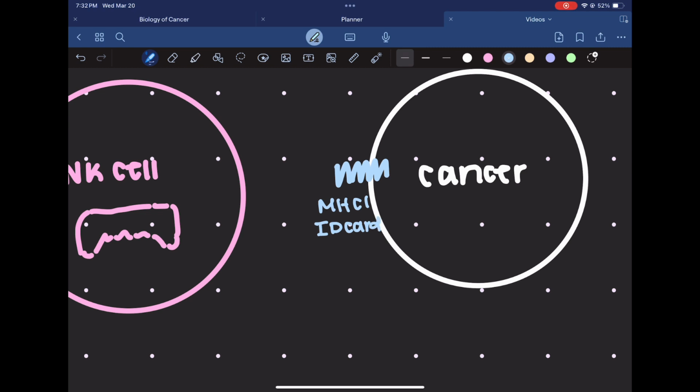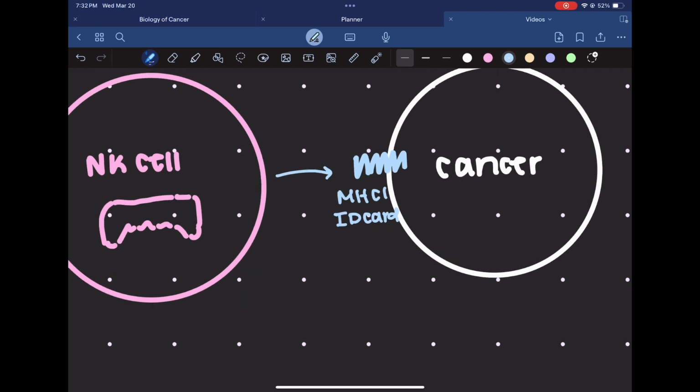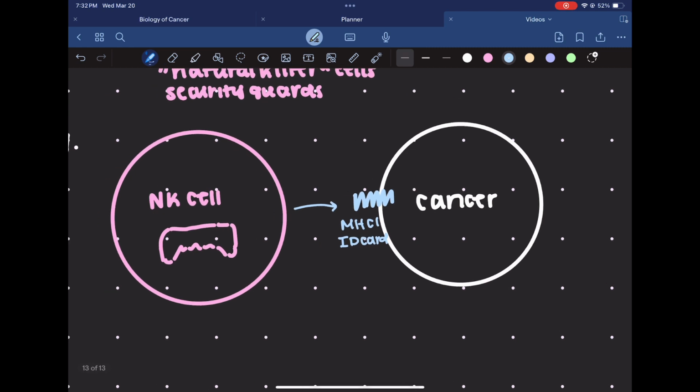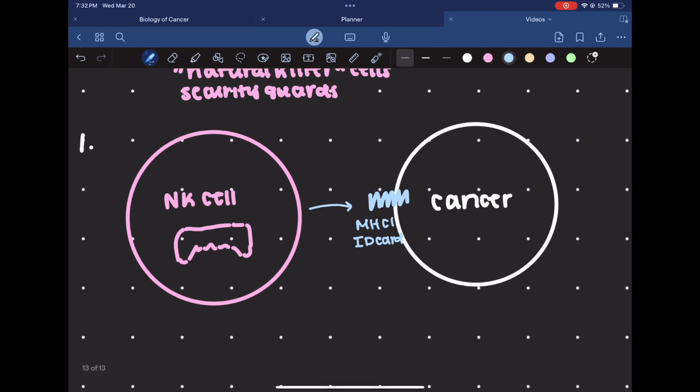When our NK cell recognizes this MHC1, it says, hey, I belong in this body. I'm native to this body. Don't attack me. So when our NK cell sees an MHC1 molecule, there is no attack in response. So we've identified this as part of our body. We're not going to do anything further.